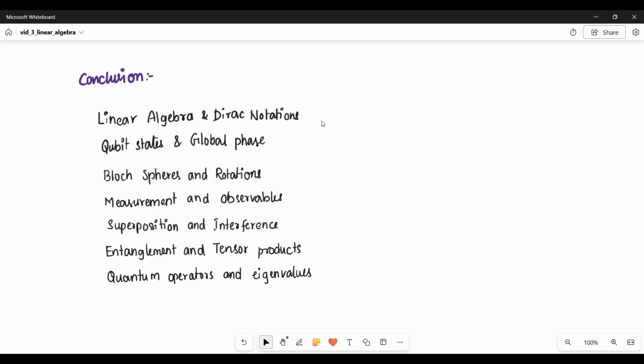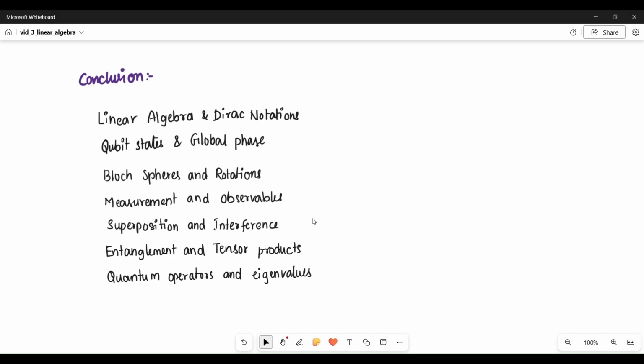We examined quantum states as superpositions of basis states and saw how the global phase leaves probabilities unchanged. Using the Bloch sphere, we visualized qubits geometrically, and saw how Pauli matrices and rotation gates move qubits across the space. In the section on measurement, we learned that quantum outcomes are probabilistic and observables are represented by Hermitian operators with each result tied to an eigenvalue.